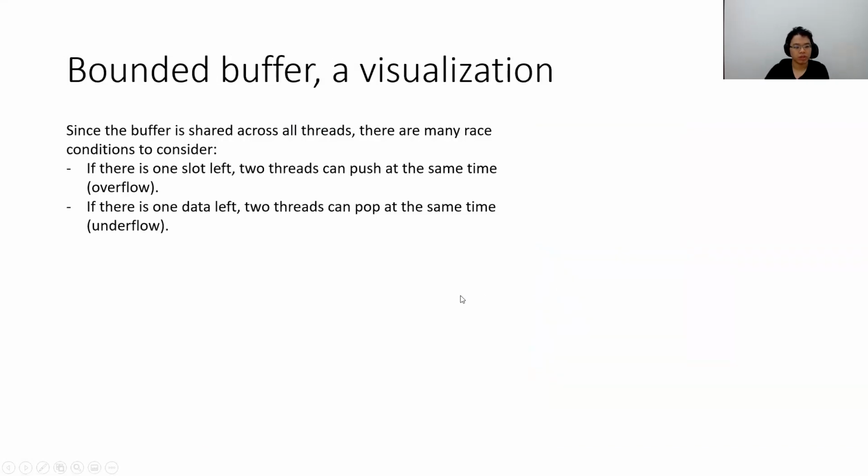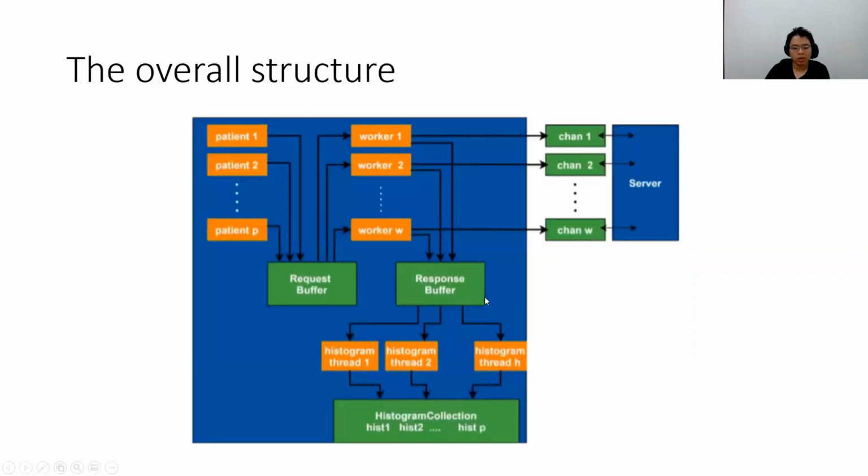So the bounded buffer. You have many patient threads and many workers, and it's called a bounded buffer because there's a finite amount of space that the patient threads can push into before they should stop pushing.